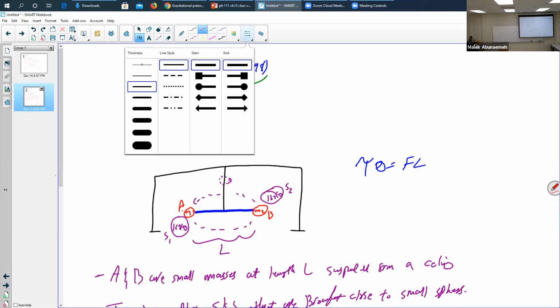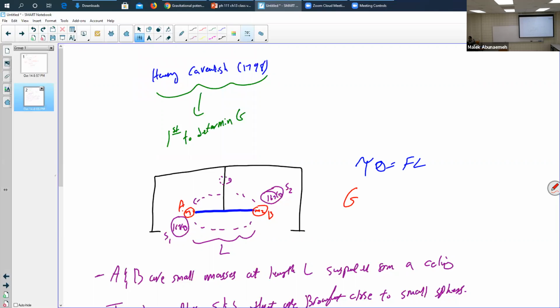And he defined the gravitational constant as your torque multiplied by theta multiplied by d squared, divided by your first mass multiplied by your second mass multiplied by L, the angular momentum. Now, D was the distance between the small and the large spheres.